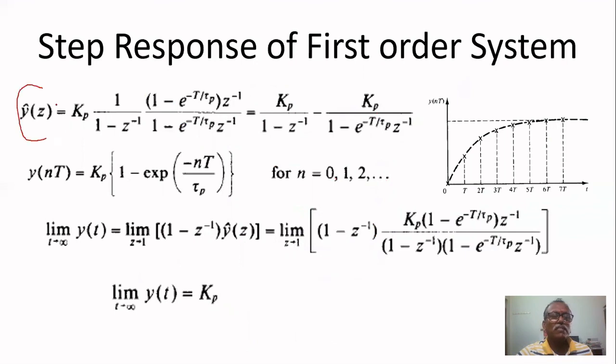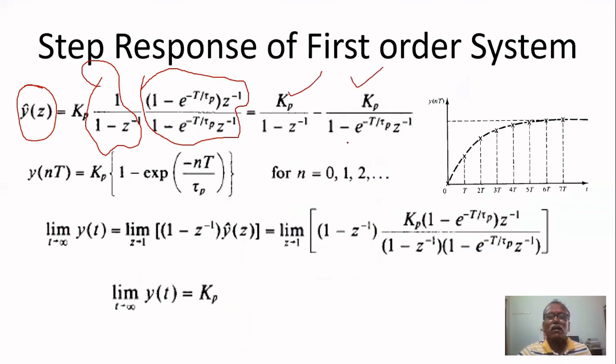I want to find the step response for that first order system. I have to multiply the pulse transfer function we got by the step input. So do partial fraction and apply inverse Z transform. You will get Kp into 1 by 1 minus Z power minus 1, which is 1, with Kp taken outside.